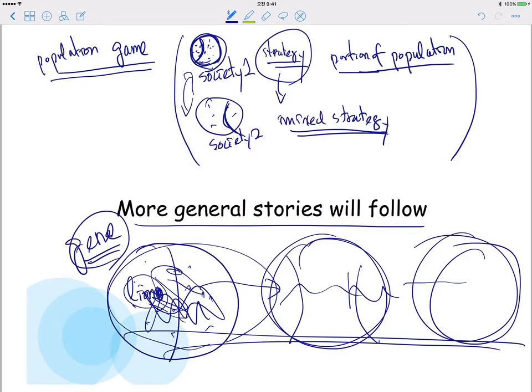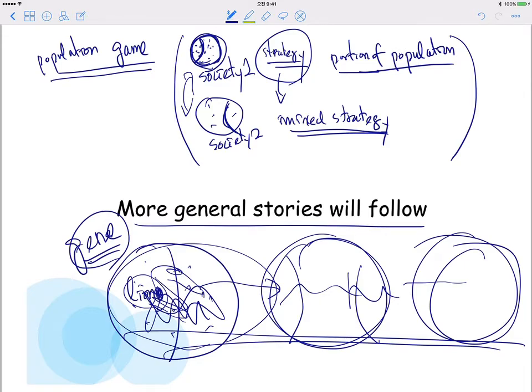What's the dynamics upon this choice of strategies and so on? They want to look at that. So they are looking at the society as a macroscopic behavior, where the main quantity that we are interested in is the portion of the entire population that chooses a particular strategy.